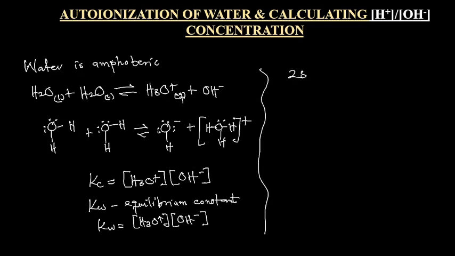At a temperature of 25 degrees Celsius, we'll say that Kw is equal to 1.0 times 10 exponent minus 14. Usually we don't write the unit, but how do we use this to calculate the hydronium concentration or H plus concentration as well as OH minus concentration?